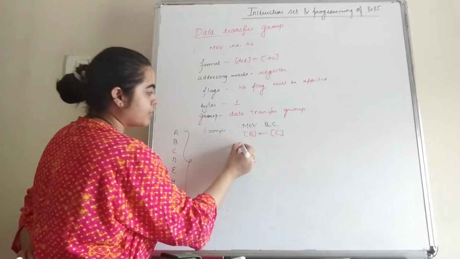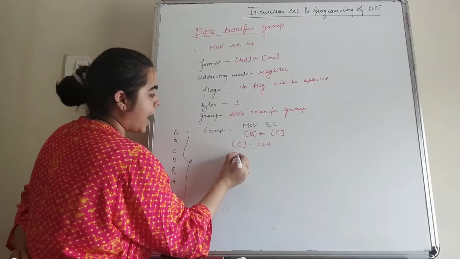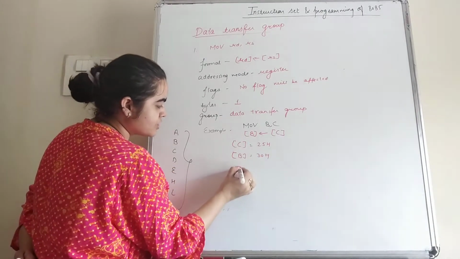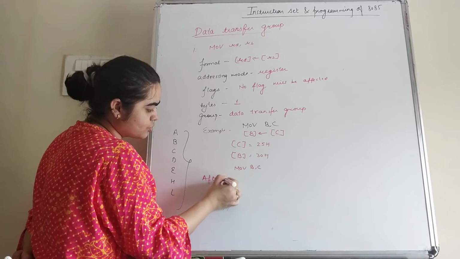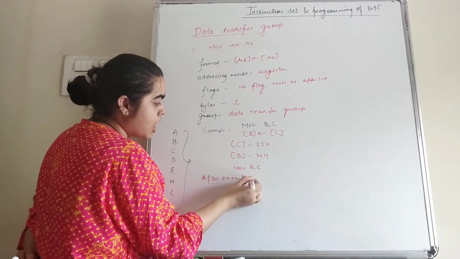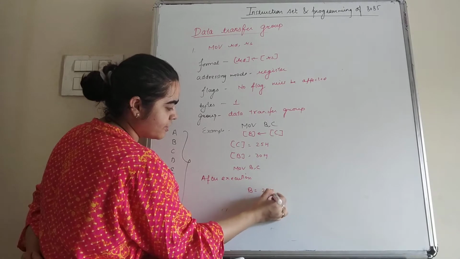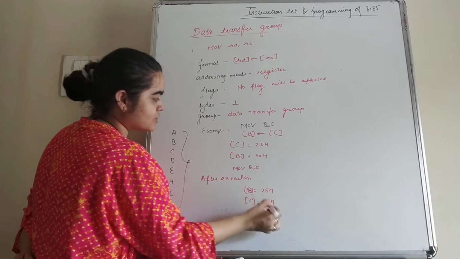Now for example, initially in C we have 25H and in B we have 30H. After executing this instruction MOV B, C, what will be the result? After execution, B has the value 25H while C remains the same, 25H.